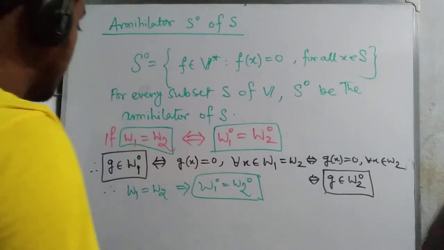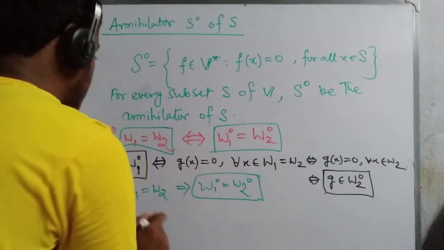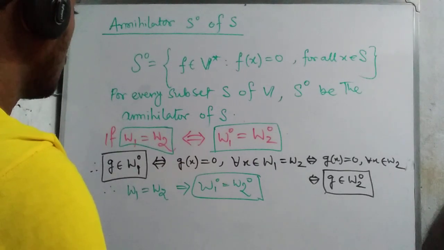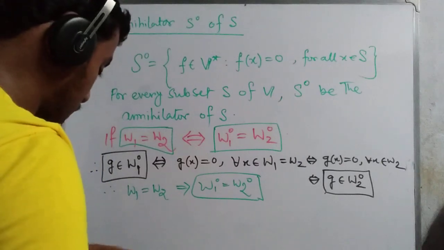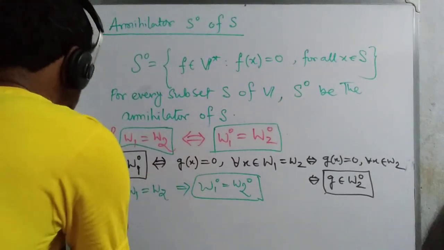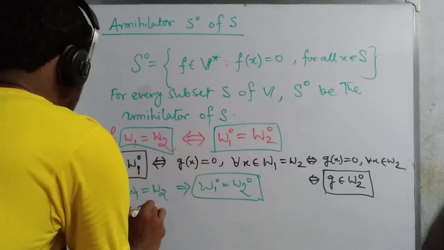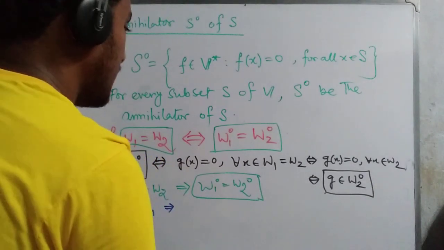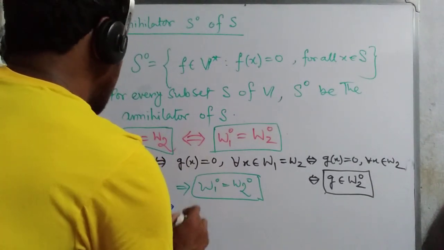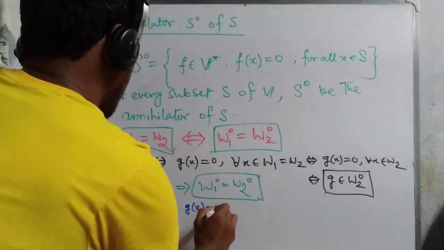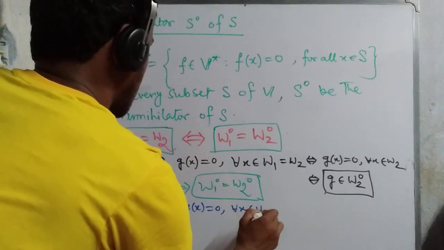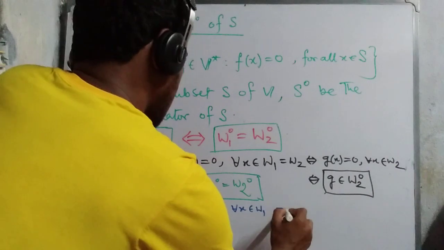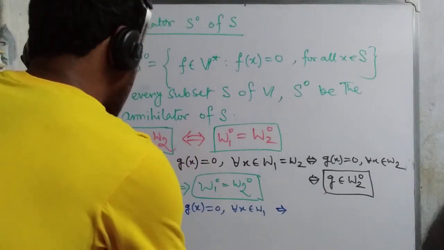Let x belong to W1. Then g(x) equals 0 for all g in W1 naught.